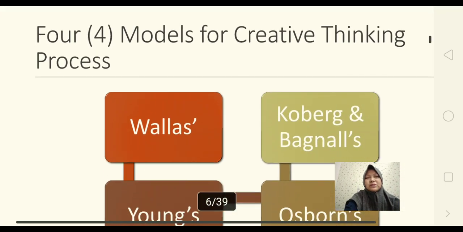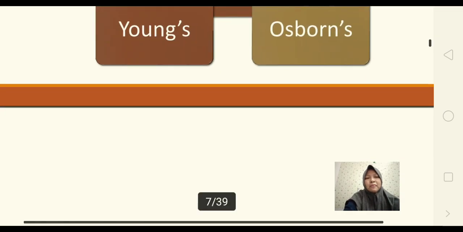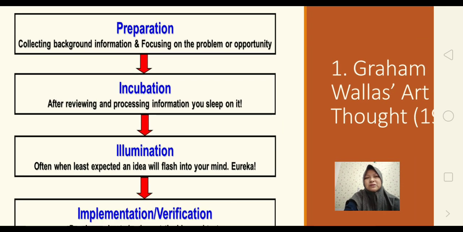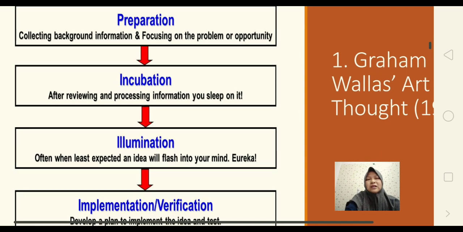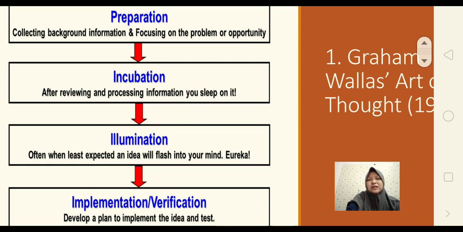So there are 4 models of creative thinking: Wallace, Cobbs, Young, and Osborne. You can read them. It is very important for you to understand the concept of creative thought. For Graham Wallace, there are 4 steps to create a creative product. They start from preparation, incubation, illumination, and implementation. Preparation means you have to collect all the background information about the problems, to identify the solution that you want to do.